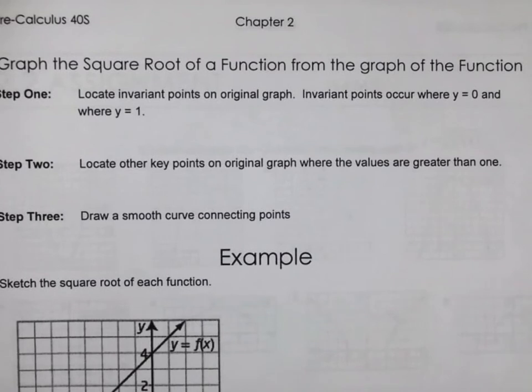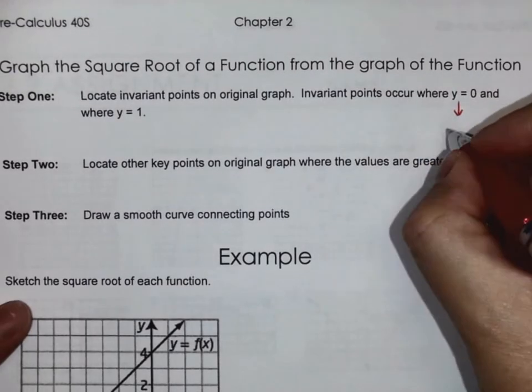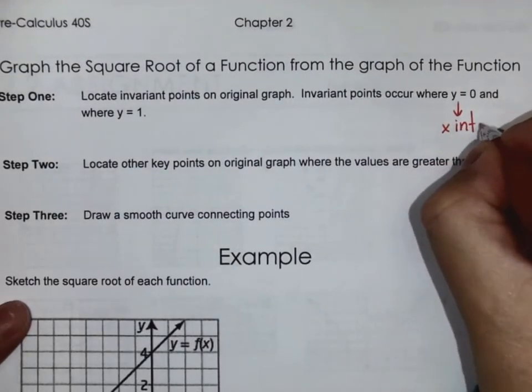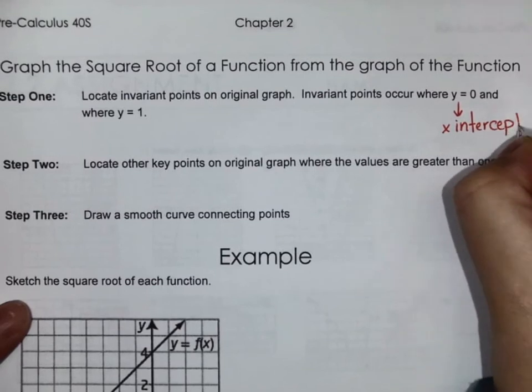Okay. All right. These are your steps. Super important. Locate the invariant points on the original graph. We've talked about where they are. They're when y is equal to 0 and y is equal to 1. Okay? And really, what are these? These are your x-intercepts.